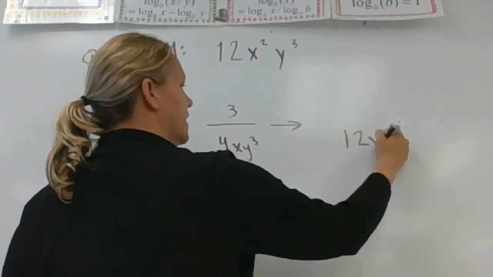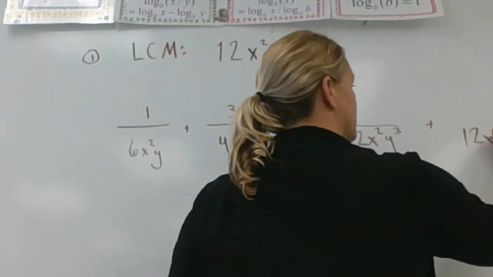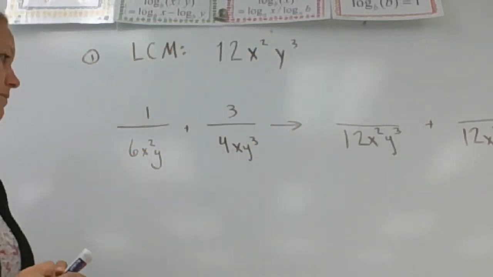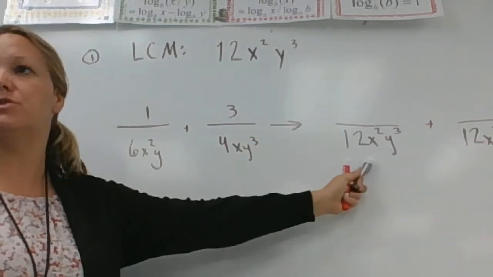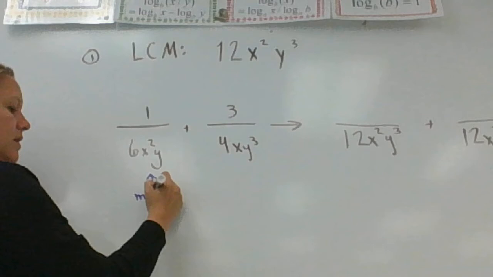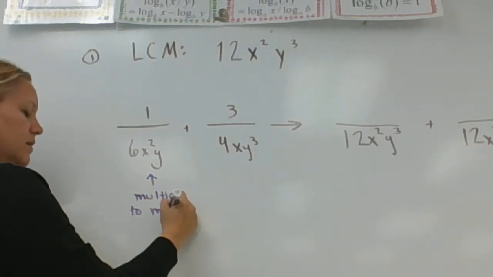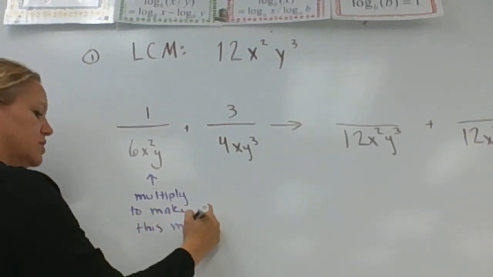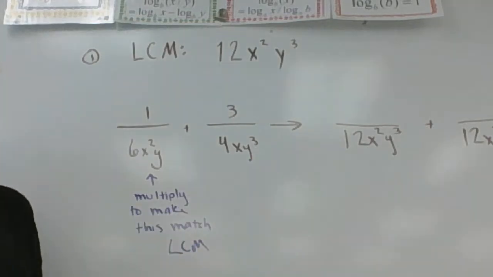So I'm going to write that common denominator twice. Like so. And then I'm going to multiply in whatever I have to make this match what you picked for a common denominator.